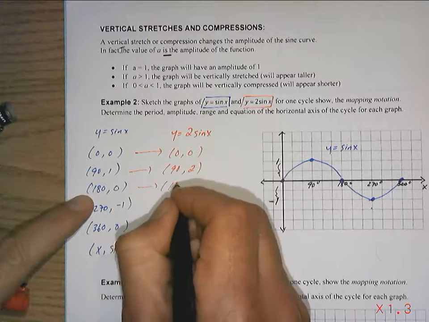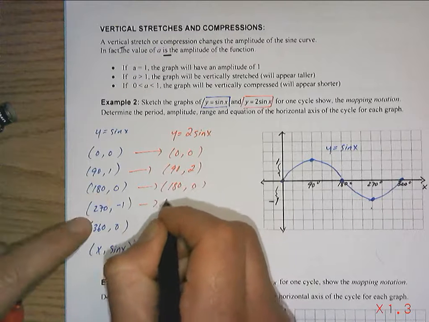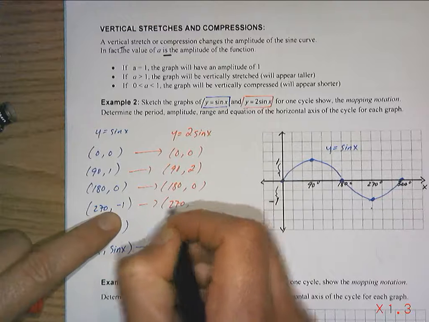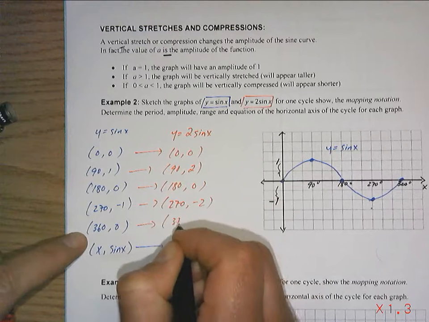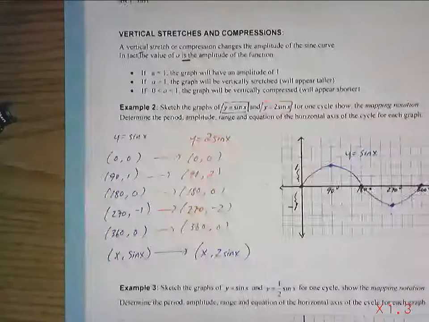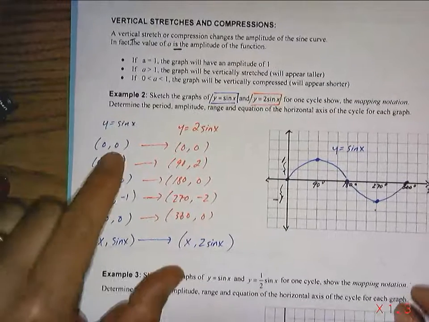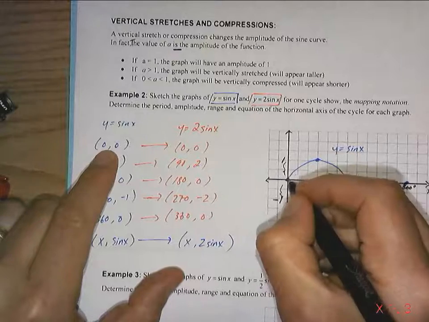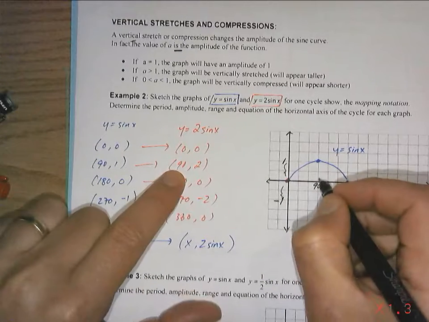180, 0 times 2, which is 0. 270, negative 1 times 2 is negative 2. And 360, 0. So each of these points gets moved according to this transformation. Let's see. 0, 0 didn't move. 90, 1 goes to 90, 2.